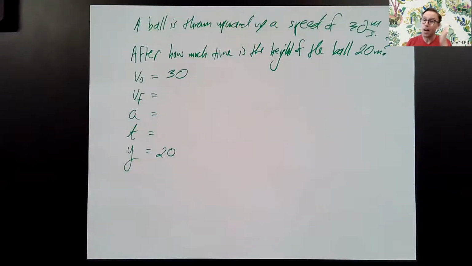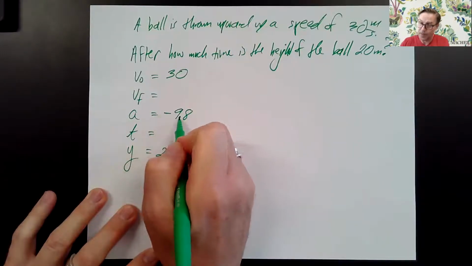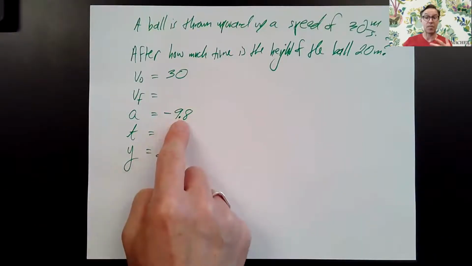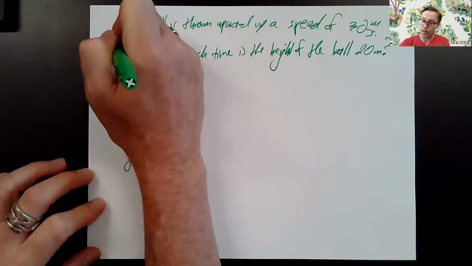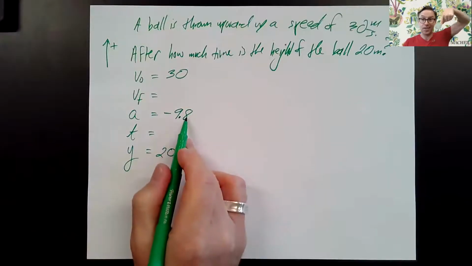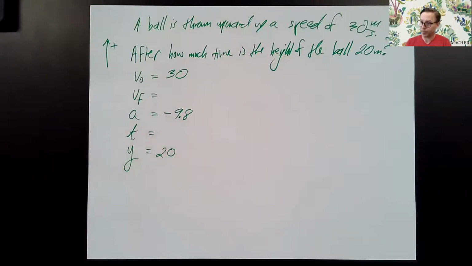And because the object is in free fall, the acceleration is negative 9.8. Remember last time we said in free fall, the acceleration is negative 9.8 meters per second squared. It's implied that the upward direction is positive and the acceleration is downward. And that's why I write negative 9.8.